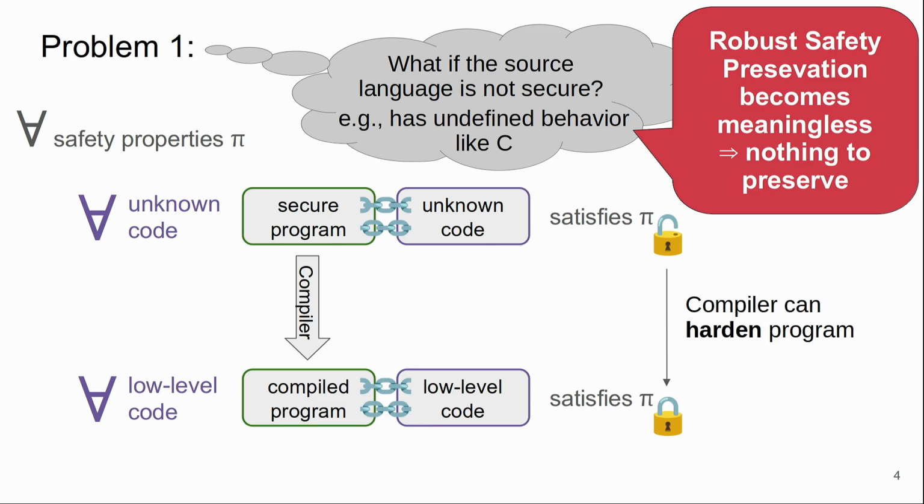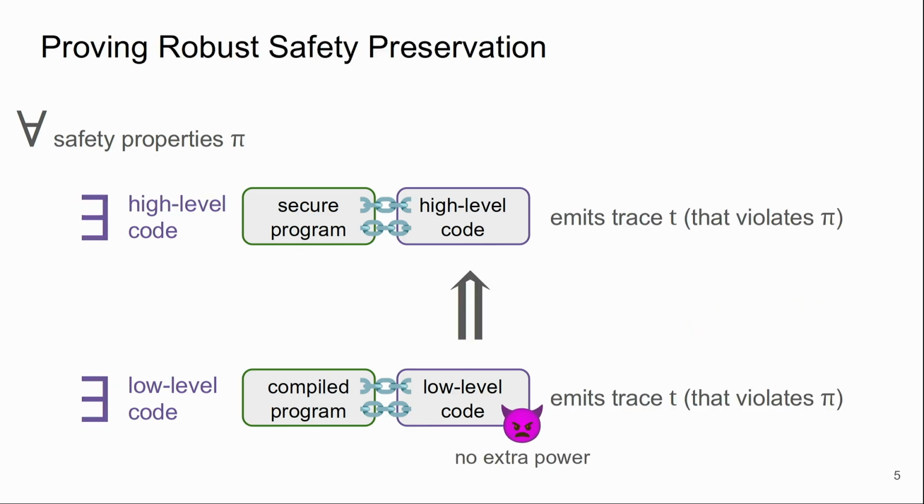Before I go into the second problem, we need to take a look at how robust safety preservation is proven. This is generally done by proving this equivalent notion. So it says if there exists some low-level code that when linked together with the compiled program emits a trace T that violates some safety property, then already there needs to exist some high-level code that when linked together with the secure source program emits the same trace T and therefore also violates the safety property.